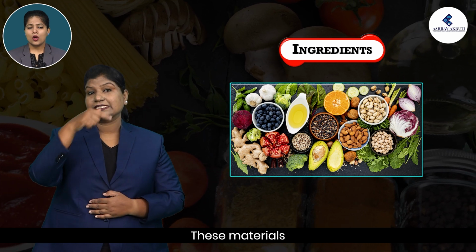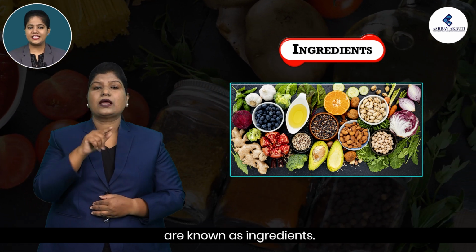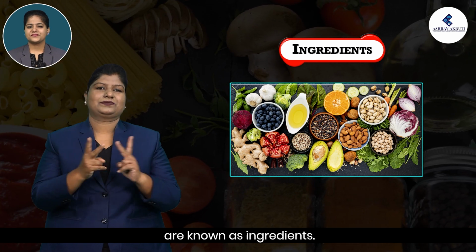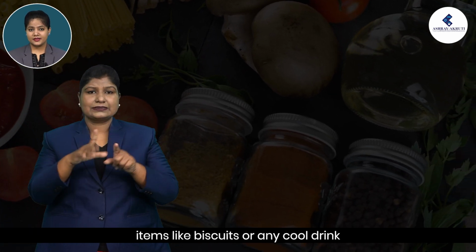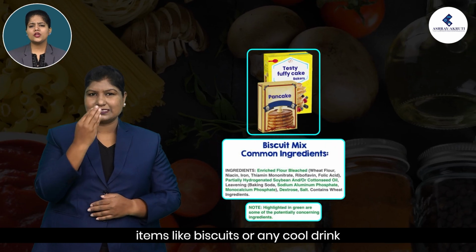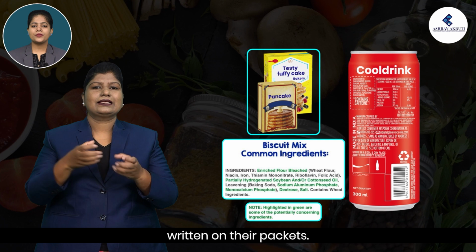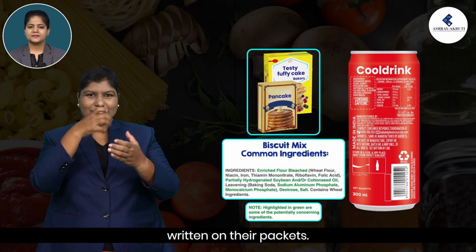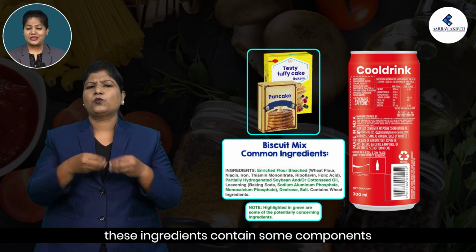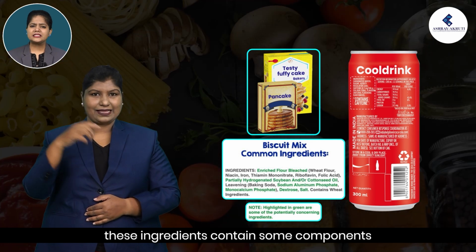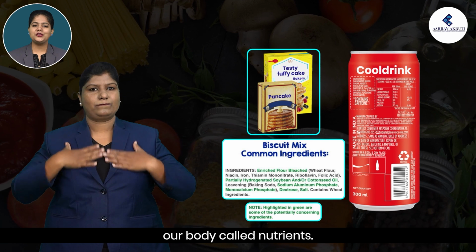These materials which are required to prepare food are known as ingredients. Packed food items like biscuits or any cool drink contain the ingredients written on their packets. In most foods, these ingredients contain some components that are needed by our body, called nutrients.